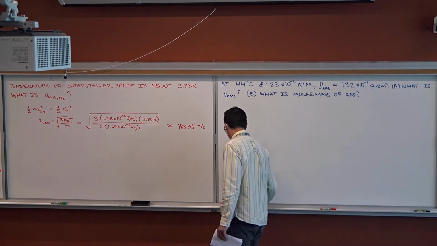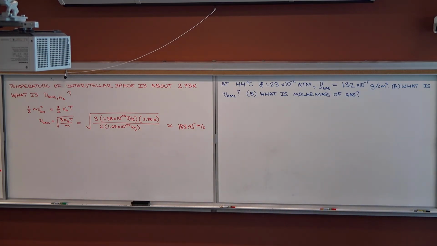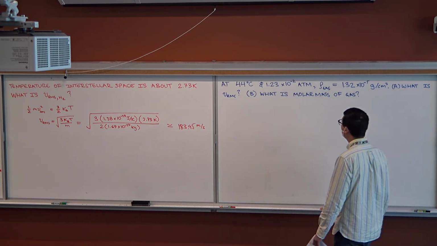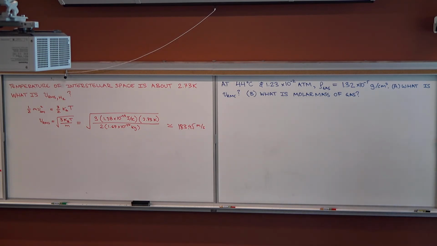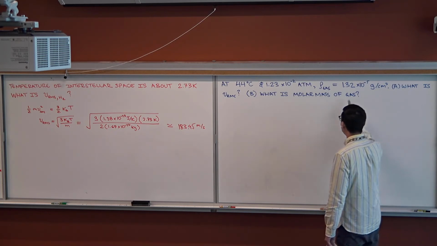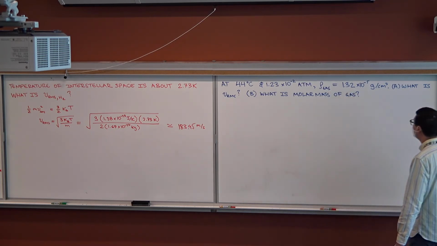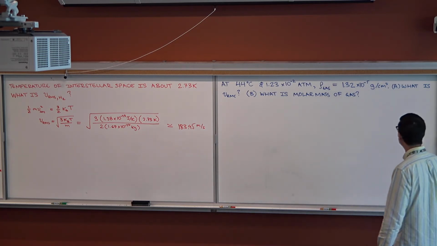So, at 44 degrees Celsius and at a pressure of 1.23 times 10 to the minus 2 atmosphere, the mass density of a given gas is 1.32 times 10 to the minus 5 grams per cubic centimeter.